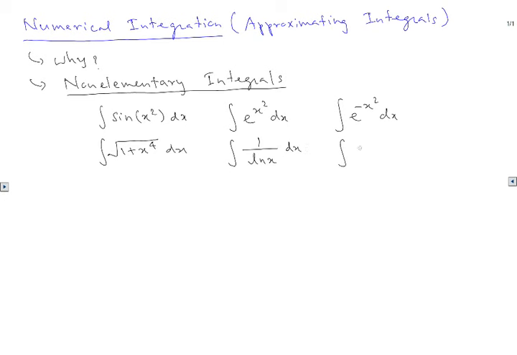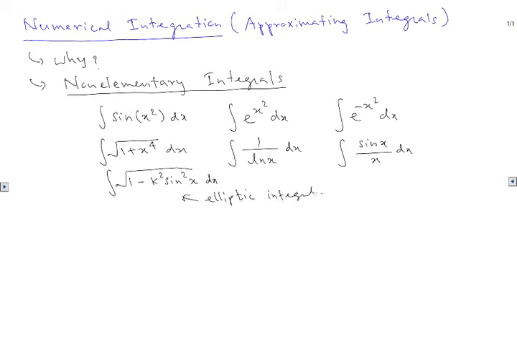And also we have sin x over x dx, and maybe one more, for example, 1 over the square root of 1 minus k squared sine squared x dx. This is what we normally call the elliptic integrals.